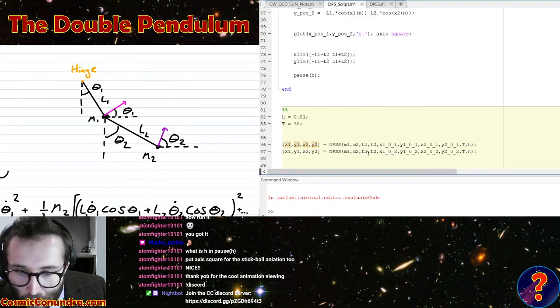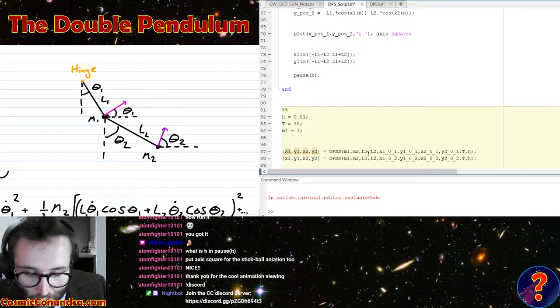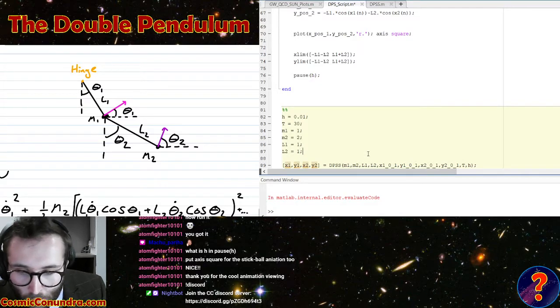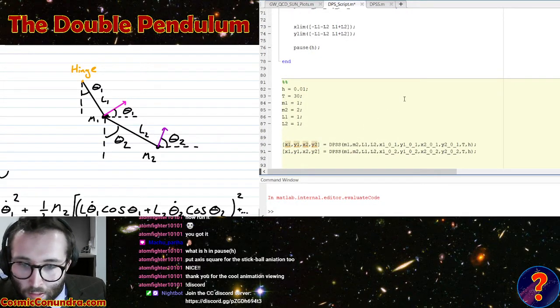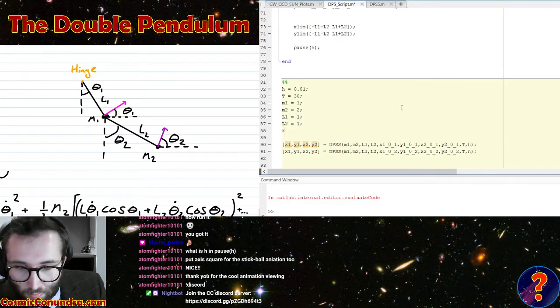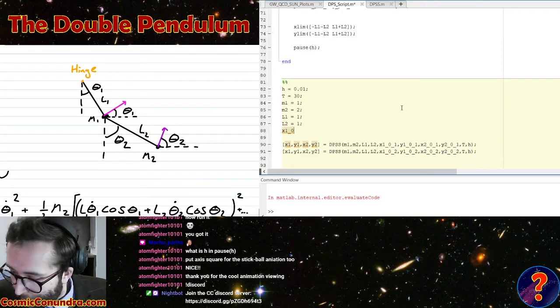And now we should just choose what these things are. So if we take, as we did before, mass 1 was 1 kilogram, mass 2 was 2 kilograms, L1 was 1, L2 was 1 as well. And then we should specify the initial positions and initial velocities. So x1, the initial position, that is the initial theta angle for our first set of initial conditions.